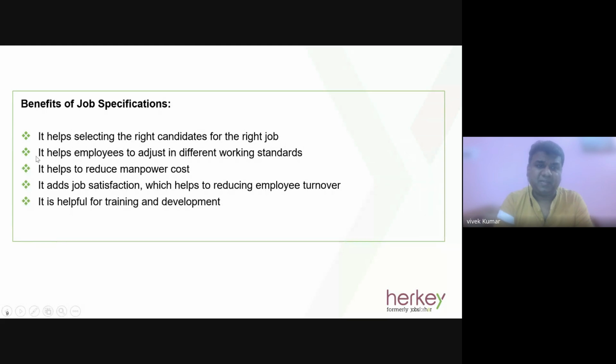Then the second thing is it helps employees adjust to different working standards. Okay, now how it would make sense, I'll give you an example. Let's say that you are hiring for the position of national level sales head. The person who is getting hired is actually a sales manager, right?